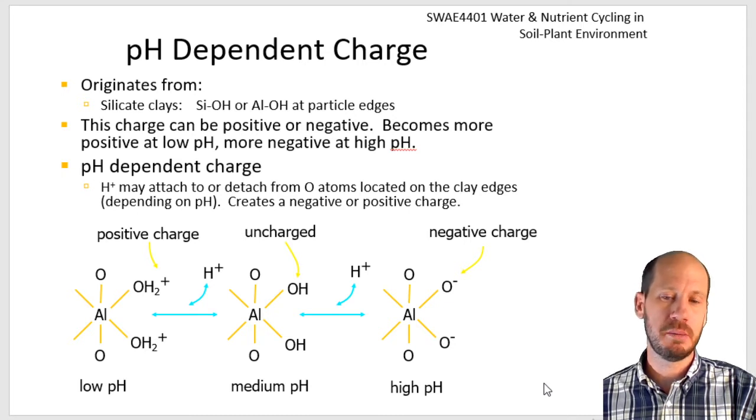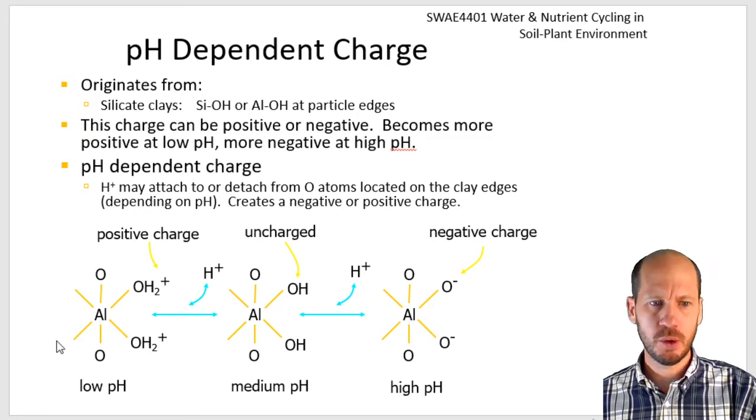So the more you increase the pH, the more you increase the amount of negative pH-dependent charge. So this is only a review from the introduction to soil and soil chemistry.